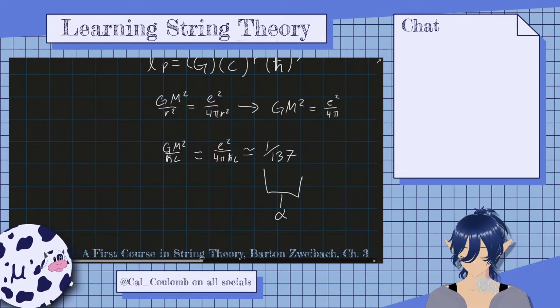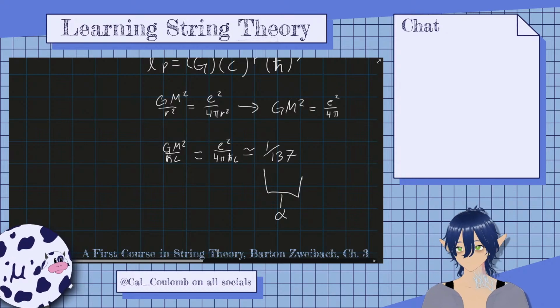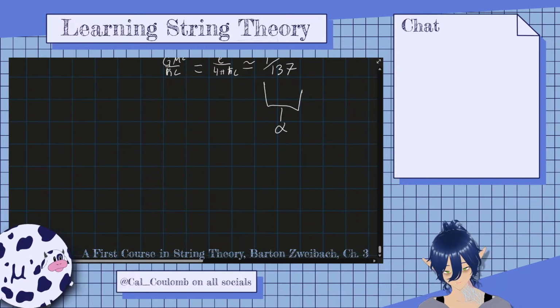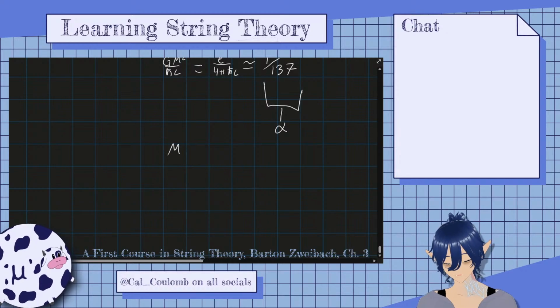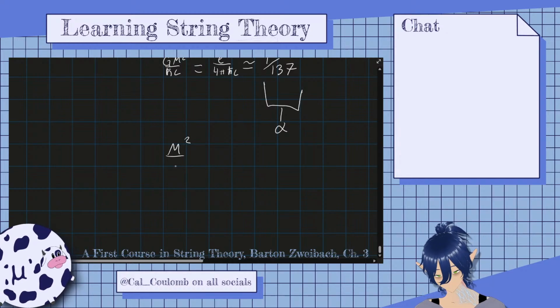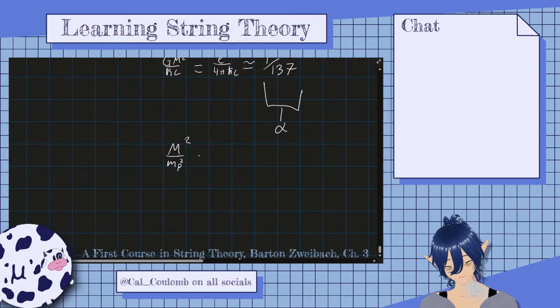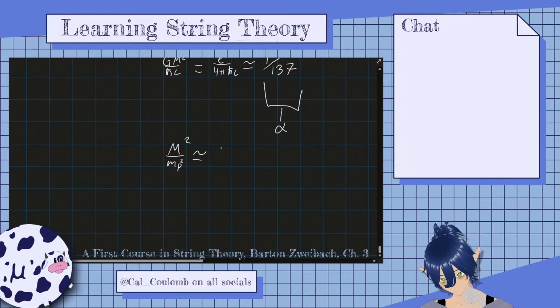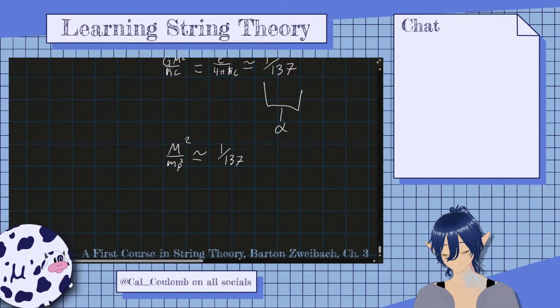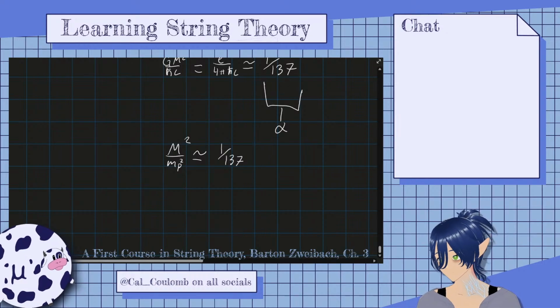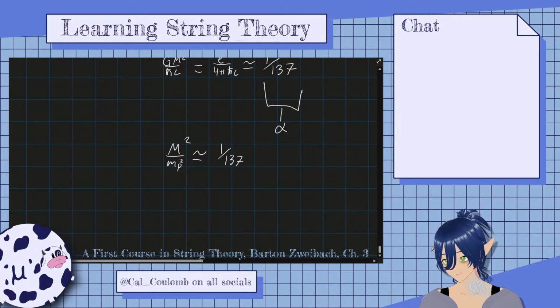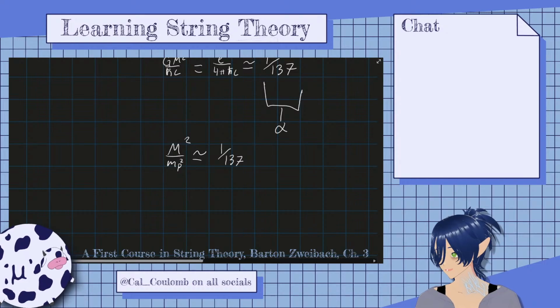And so then we get that m squared over M_P squared is approximately 1 over 137, where use was made of 3.92.